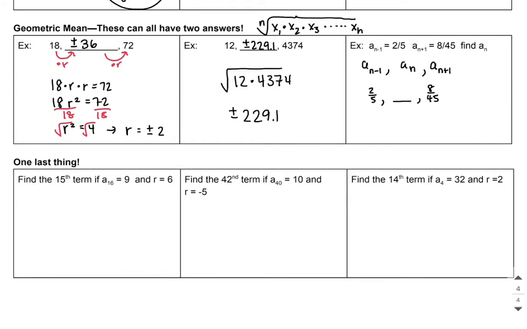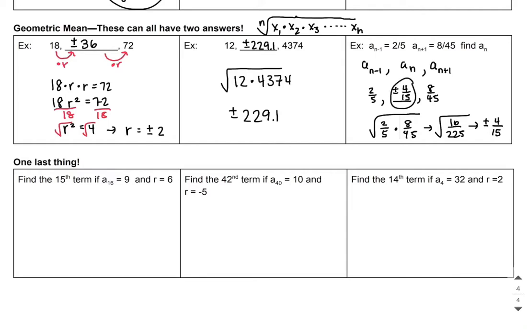I'm going to use the geometric mean again, so I'm going to do the square root, because I have two terms multiplied together, of 2 over 5 times 8 over 45. That's the square root of 16 over 225, which is plus or minus, if I want to leave it as a fraction, 4 over the square root of 225, which is 15. So I could put plus or minus 4 over 15.